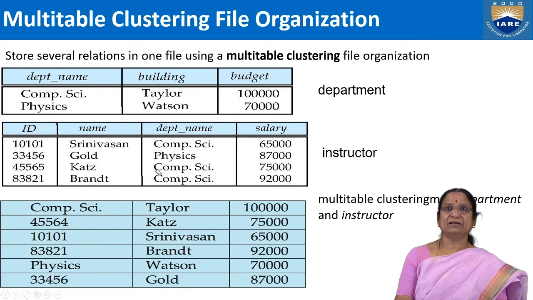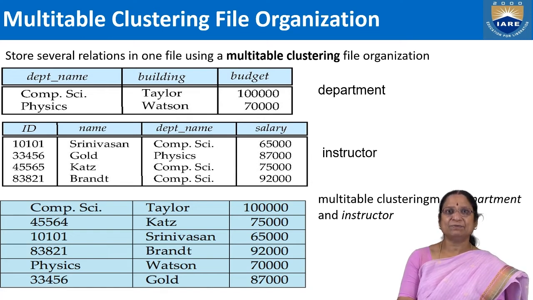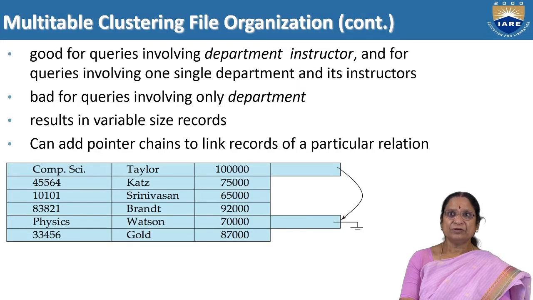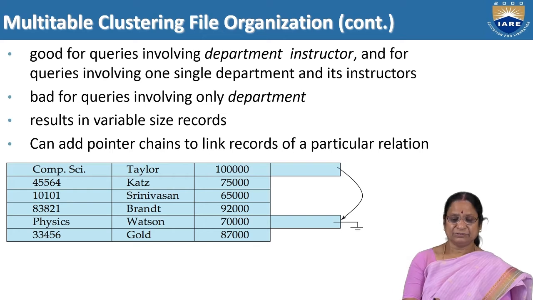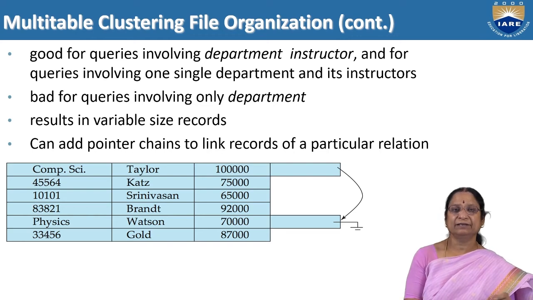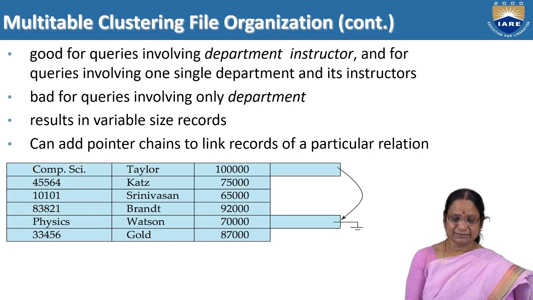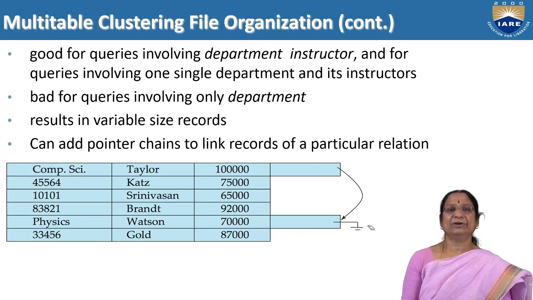For each department, the building and details of the department as well as the respective instructors belonging to that department are considered. Computer science is the one pointer, and all other connected details are clusters related to computer science only. As long as a new department occurs, physics comes after computer science. After physics, if any department is there, it will be connected. If no department is there, it is a null pointer.